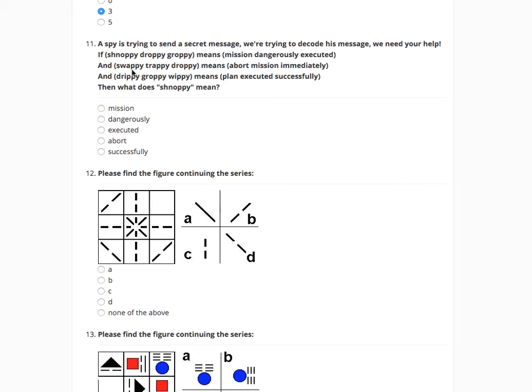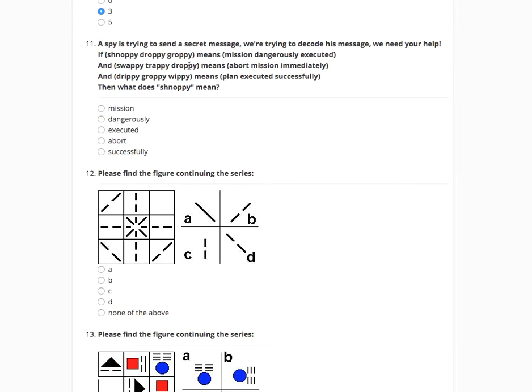Let's see between the first and third one, what repeats there? What is that going to be? Schnoppy. So groppy repeats, right? Groppy repeats between the first and third one, right? Now, what is the English word that repeats there? Executed, right?